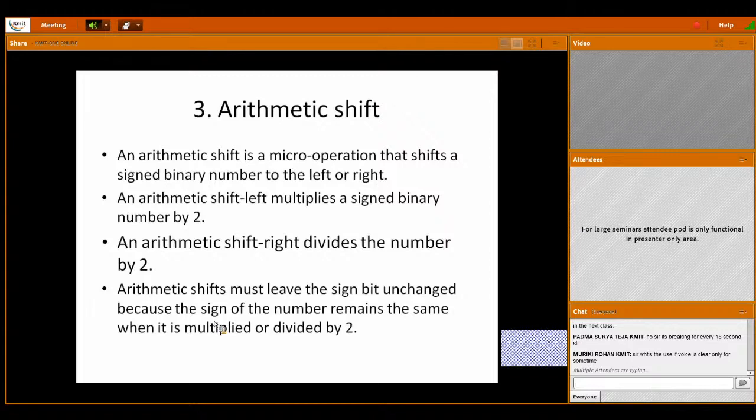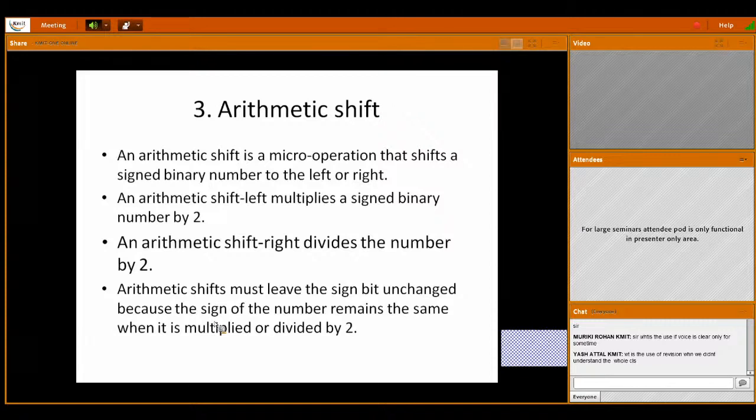To know the sign of the number, you will use the signed binary number. Both logical and circular micro operations are performed on unsigned data, but to perform a shift micro operation on signed data, you must use the arithmetic shift micro operation.